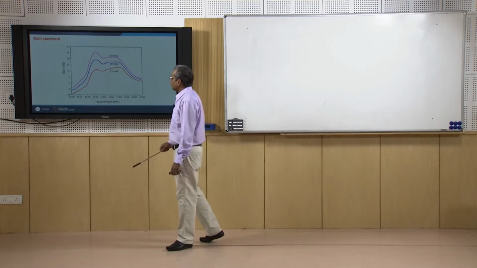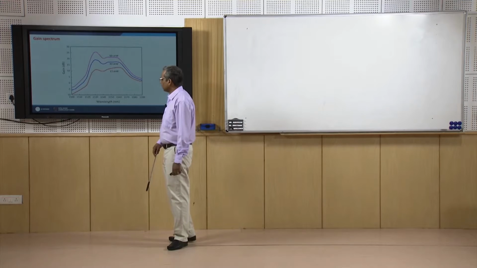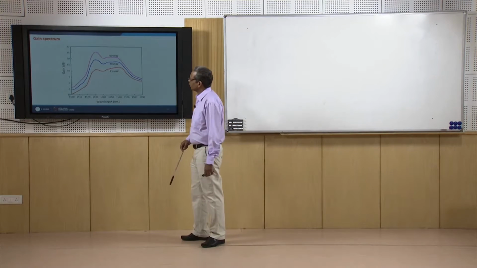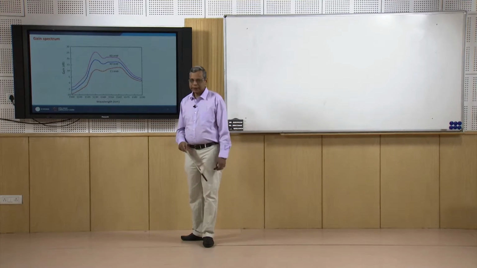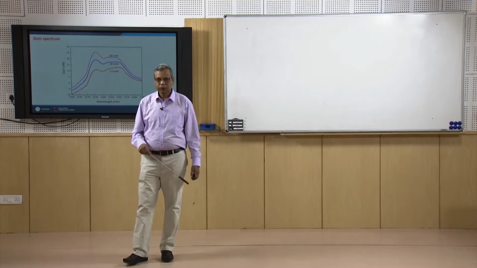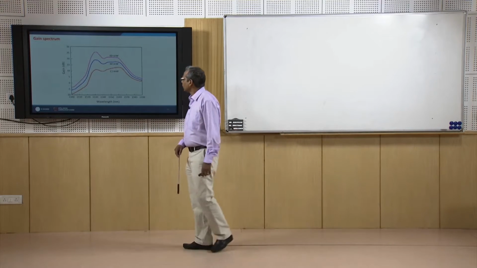If you look at the gain at different wavelengths, that is the gain spectrum, then it looks like this. This particular characteristic comes from the emission cross section and absorption cross section of the EDFA.